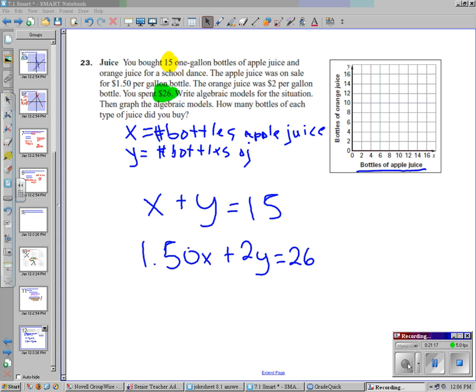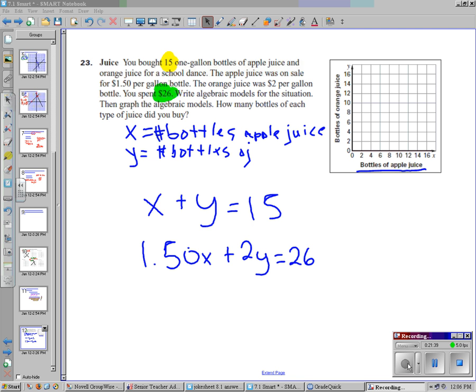Okay. The equations that Kayla just wrote up here. X plus Y, the number of bottles of apple juice plus the number of bottles of orange juice equals the total number of bottles, 15. Somebody asked me before, do you have to use the 15? Yes, you did.